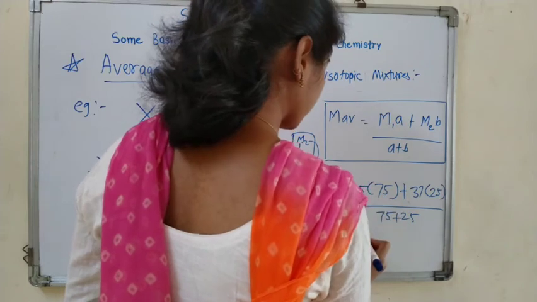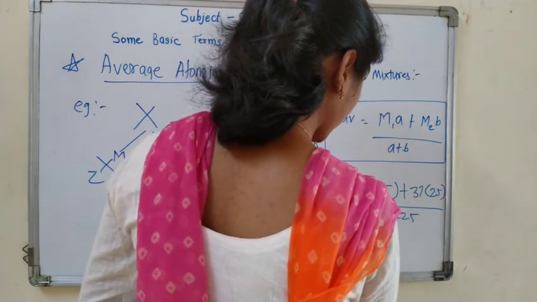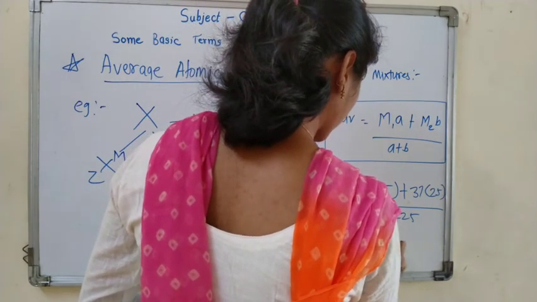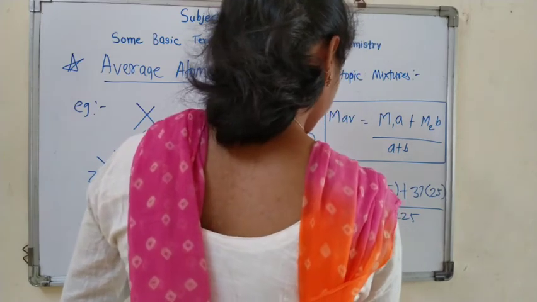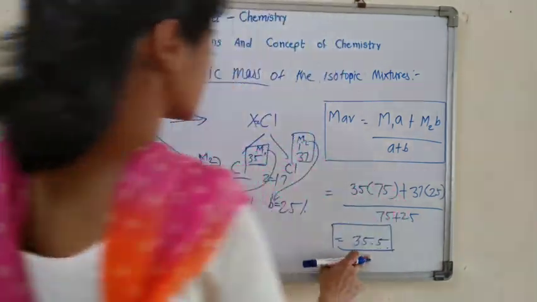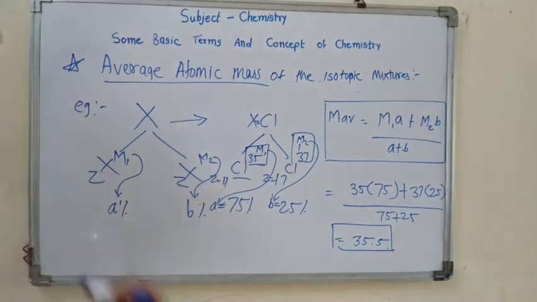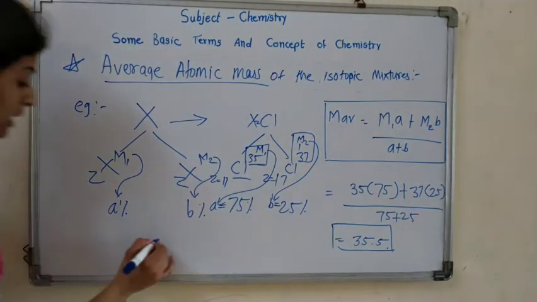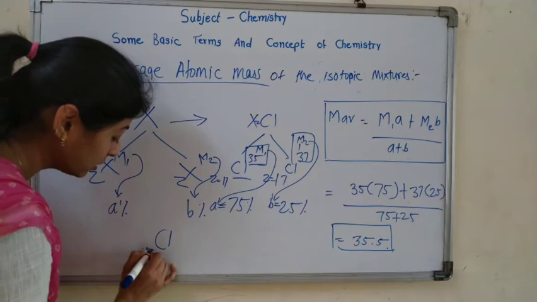It will be equal to 35.5, and this is the atomic mass which we will see in the periodic table for the element chlorine.